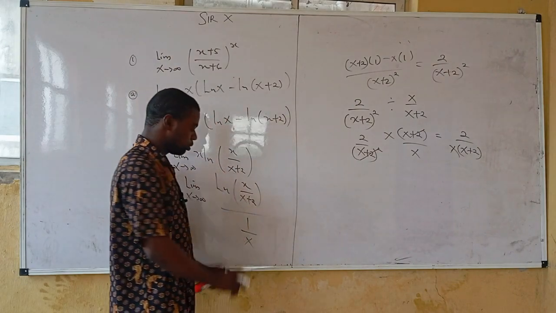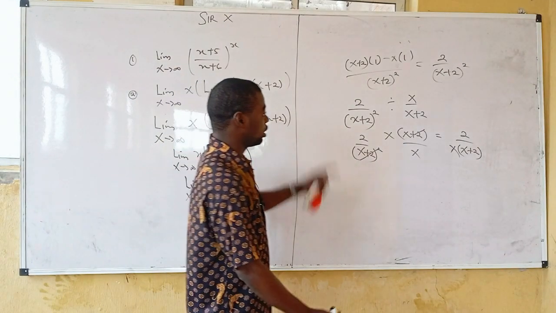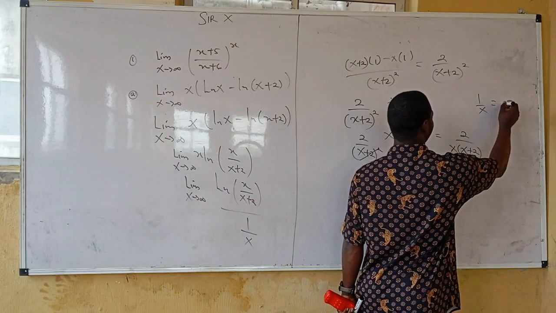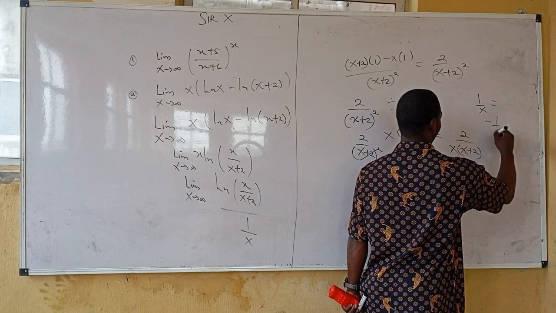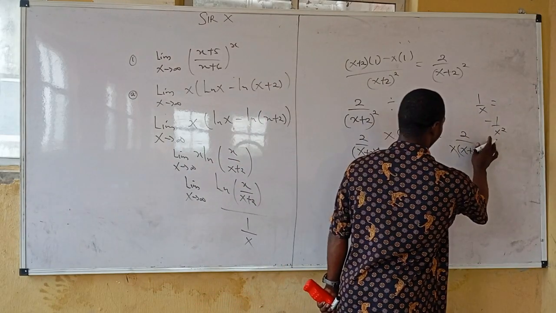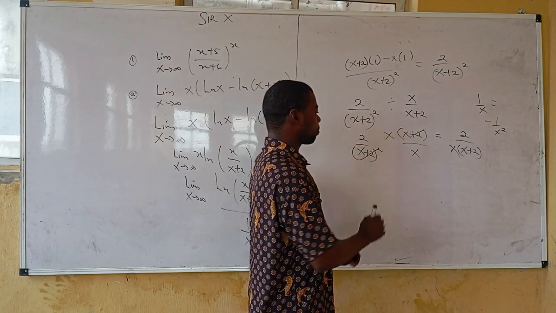Now how about the derivative of 1 over x? Just like we did the previous time, when we differentiate 1 over x, we get negative 1 over x squared. So we are now dividing this by negative 1 over x squared.